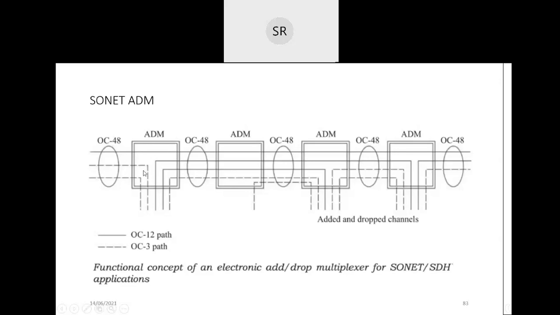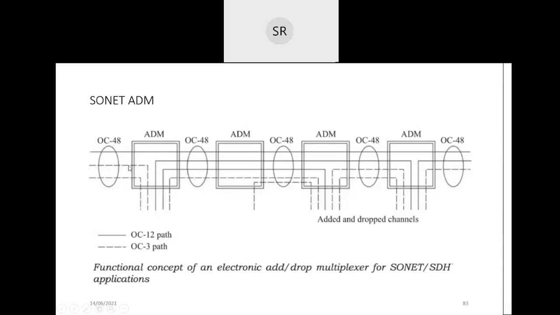So if you see from this particular figure, one OC-12 channel and these three OC-3 channels are leaving, and they are adding two OC-12 channels and one OC-3 channel, and that is multiplexed here, because it is leaving this OC-12 and adding the OC-12.